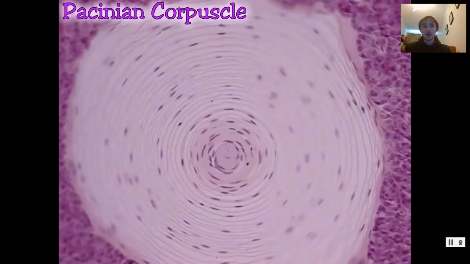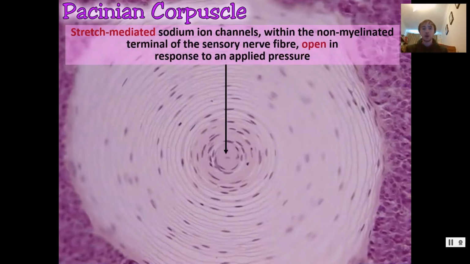Fine. Now, there are stretch-mediated sodium ion channels in the non-myelinated bit of the neuron. And what happens with stretch-mediated sodium ion channels is that when you put any kind of mechanical pressure on them, they basically bend, and as they bend, they open, and sodium ions are able to get through them.